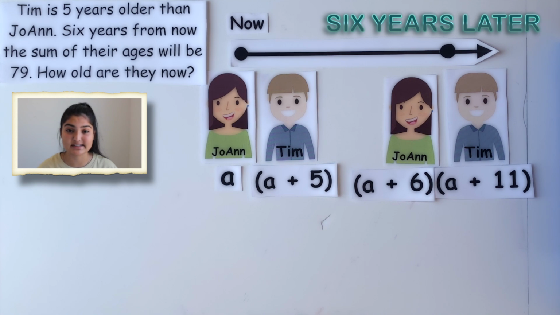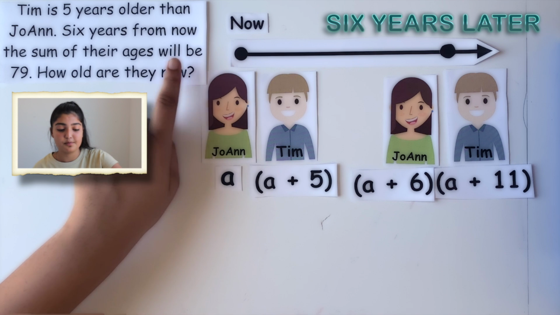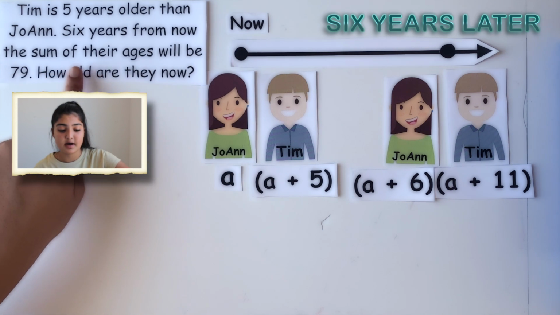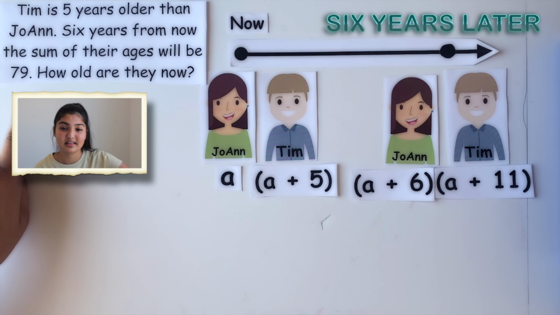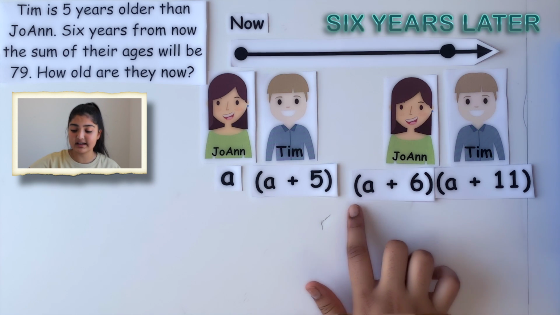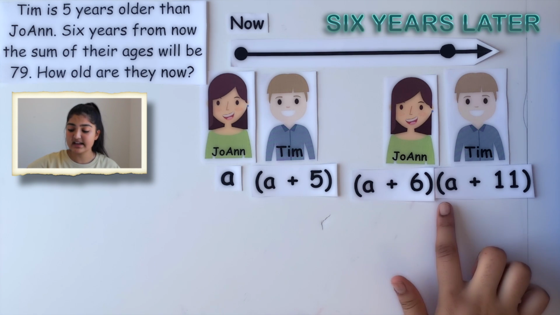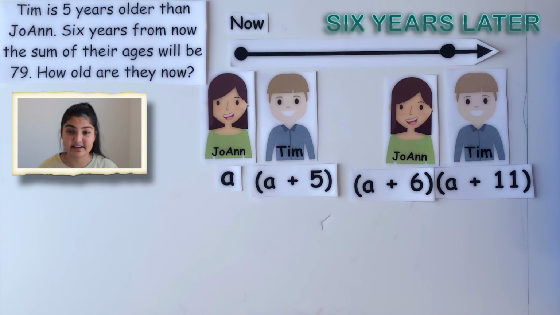Now let's look back at the question. The problem tells us 6 years from now, the sum of their ages will be 79. In other words, 6 years ahead, the sum of JoAnn's and Tim's age is equal to 79.